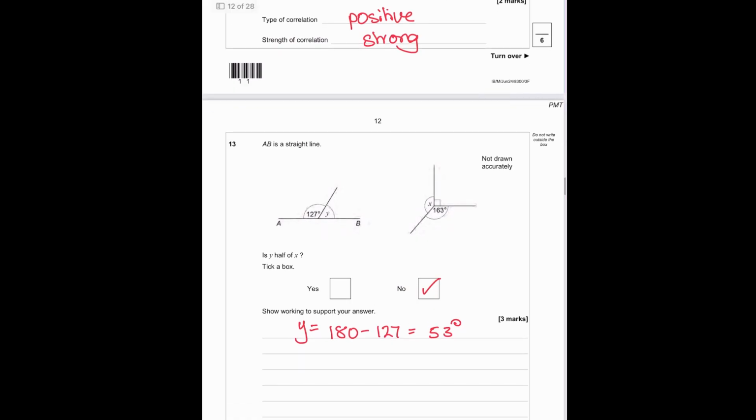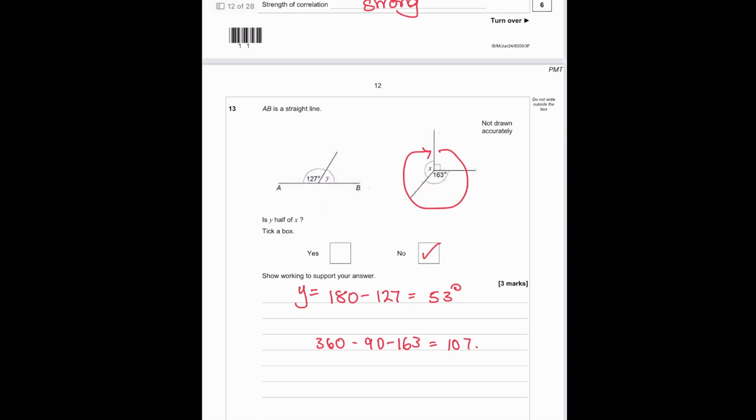To find x, we know that angles around a point equal 360, so 360 minus 90 minus 163 gives us 107. And is y half of x? Well, 2 lots of 53 give us 106, so no.